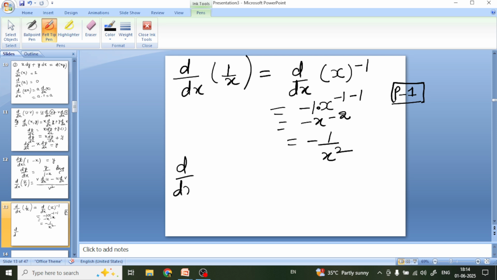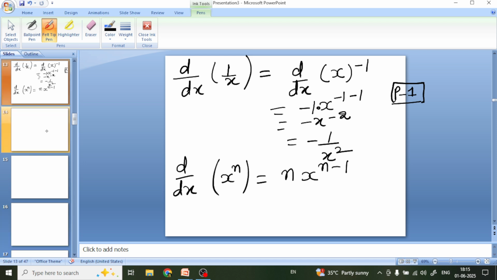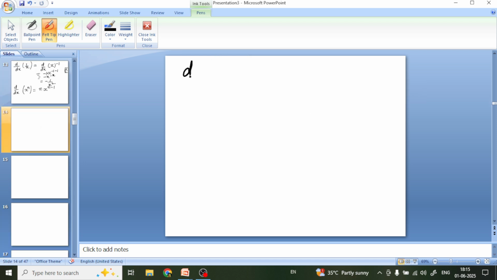Now next formula: if you want to find the derivative of x raised to power n, then n should come before x, and x raised to power n minus 1. And now if you find derivatives of trigonometric functions, derivative of sin x should be equal to cos x.